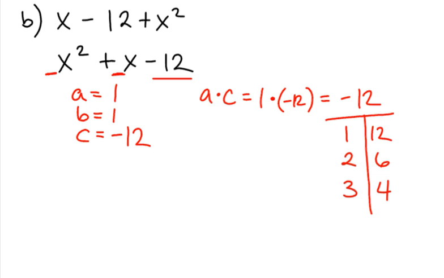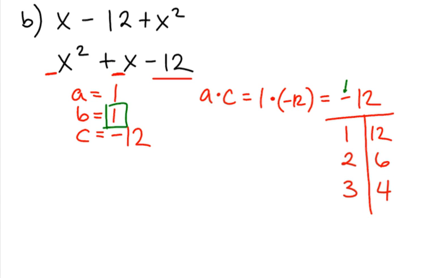Now, those pairs that go together, remember we're adding to figure out how to get to the B, which in this case is 1. But one of them has to be negative in order to multiply to get a negative. So really, when I have a negative, I think of it as subtraction.